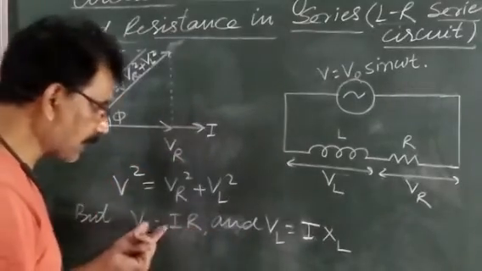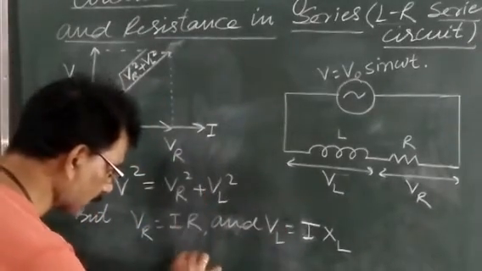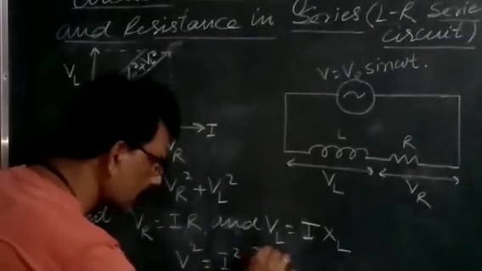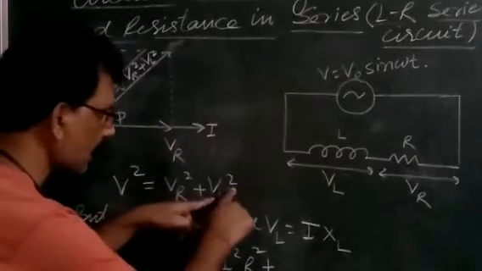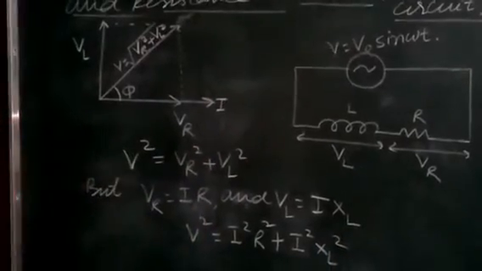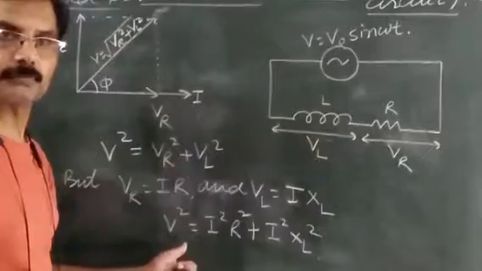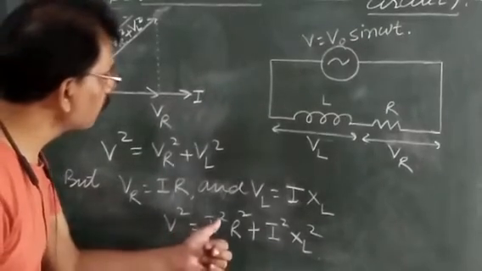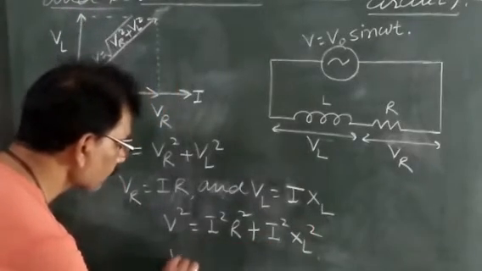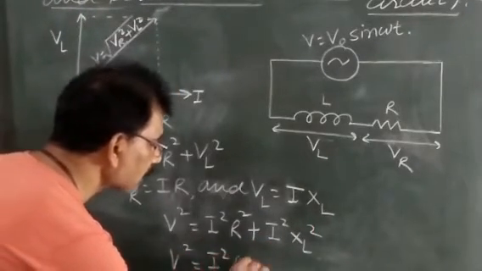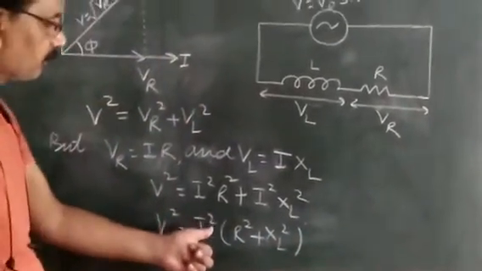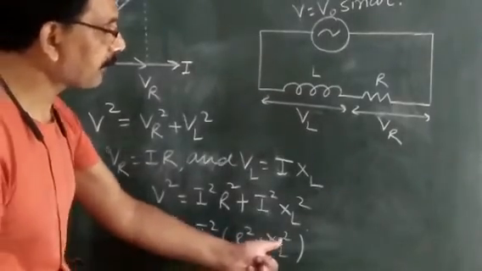Now put the values of VR and VL in this equation. V square is equal to I square R square plus I square XL square. Taking I square common, V square is equal to I square into R square plus XL square.